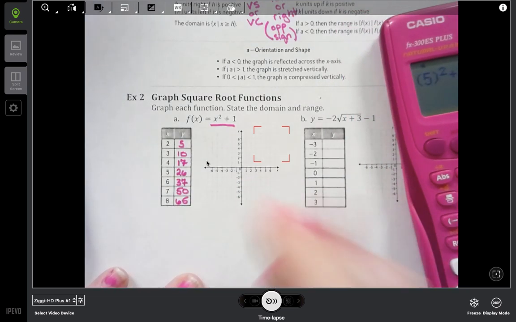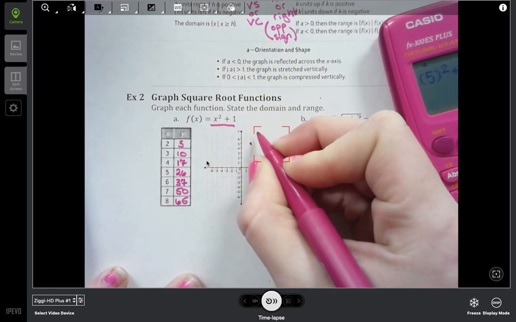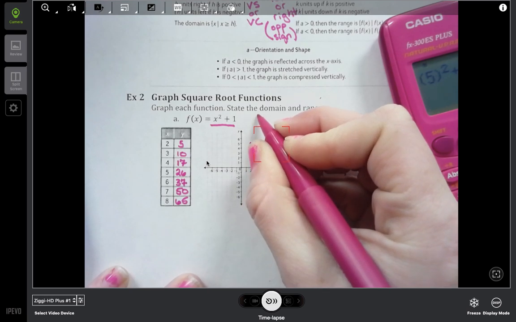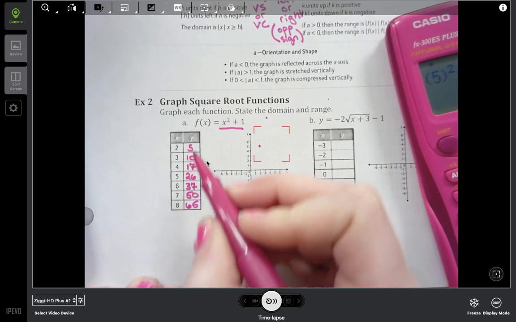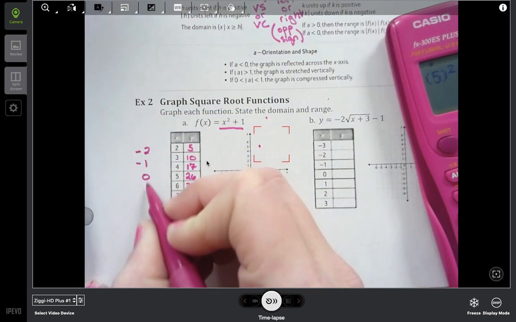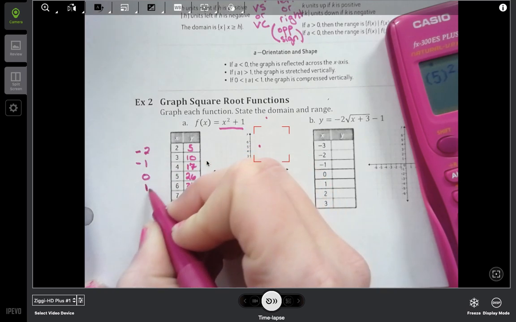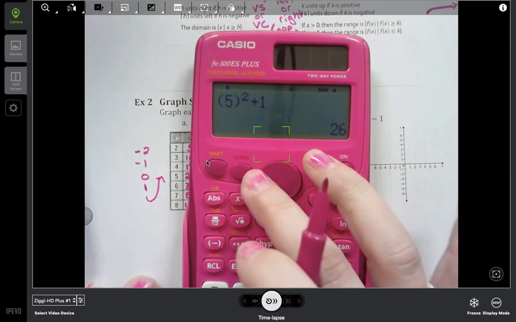All right, so 2 is at 5, 3 is at 10. I didn't give you very good numbers to plug in. Blah, that's ugly. I'm going to go back and let's do some other numbers. Let's do like -2, -1, 0, 1, and then we'll go through those also. Okay, so let's do -2 now.